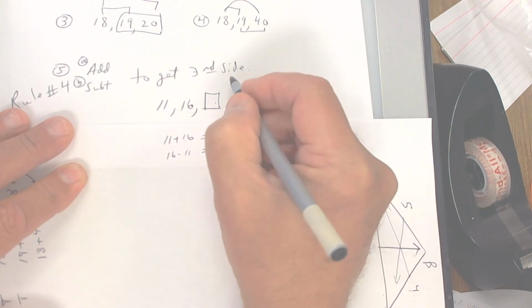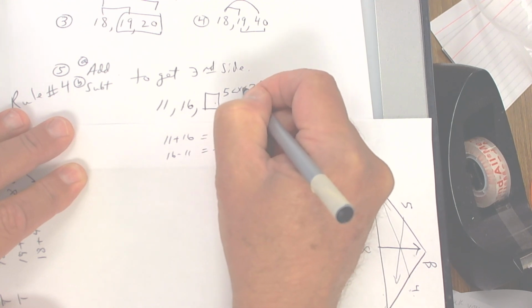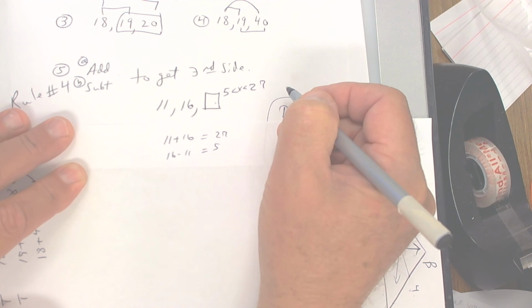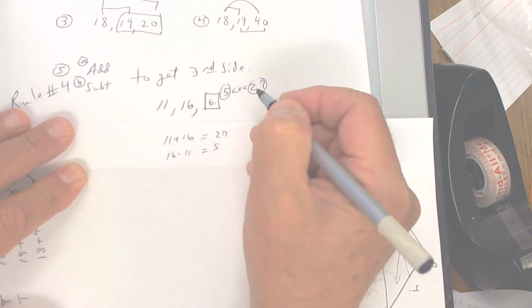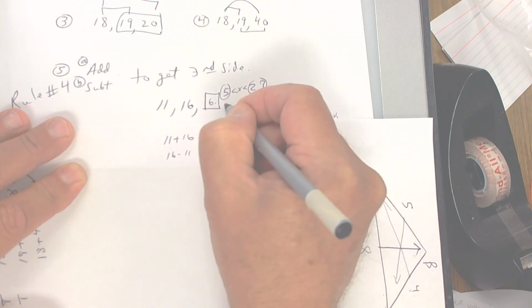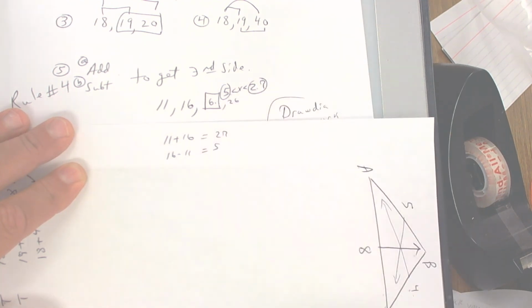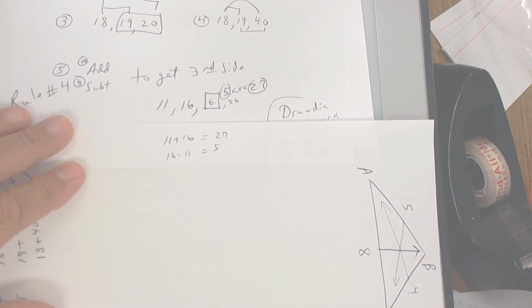So the range can be from 5 all the way up to 27. Now it can't be 5 and it can't be 27, but it could be 6. 6 would work. 26 would work. Anything in between these numbers. So you add them and subtract them. Make sure you know that. These are all triangle inequality rules, and you need to know them.